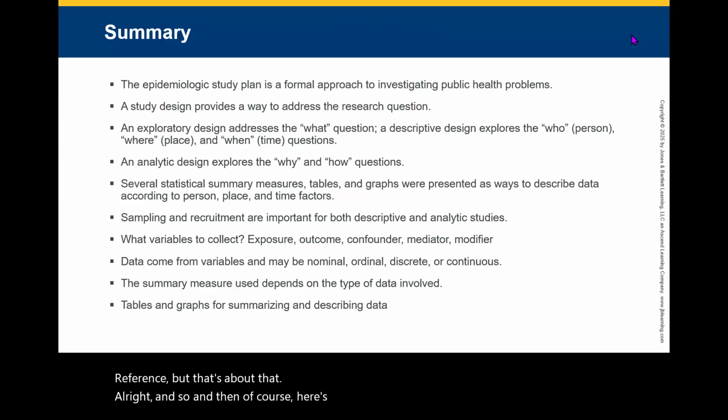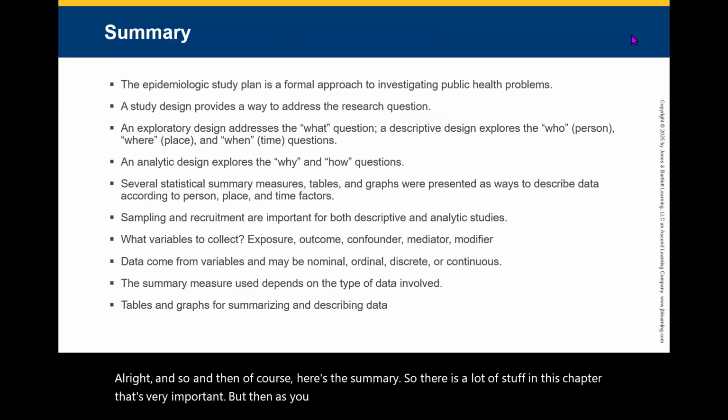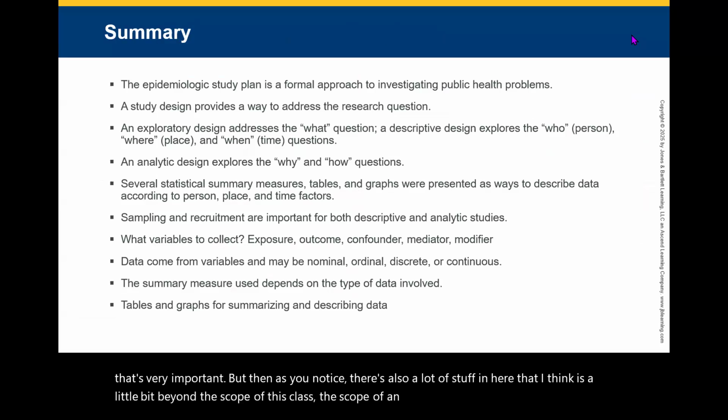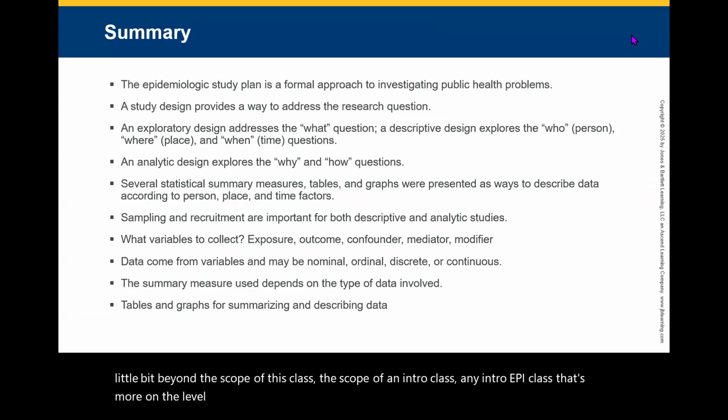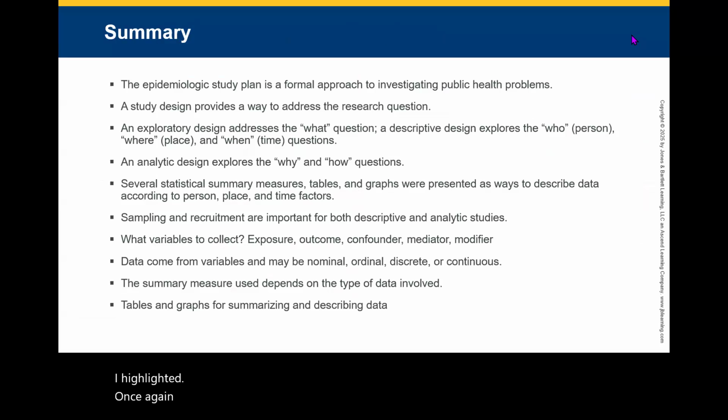There is a lot of stuff in this chapter that's very important, but as you notice, there's also a lot of stuff in here that I think is a little bit beyond the scope of an intro epi class. That's more on the level of a 400 level epi class. So, concentrate on the things that I highlighted.